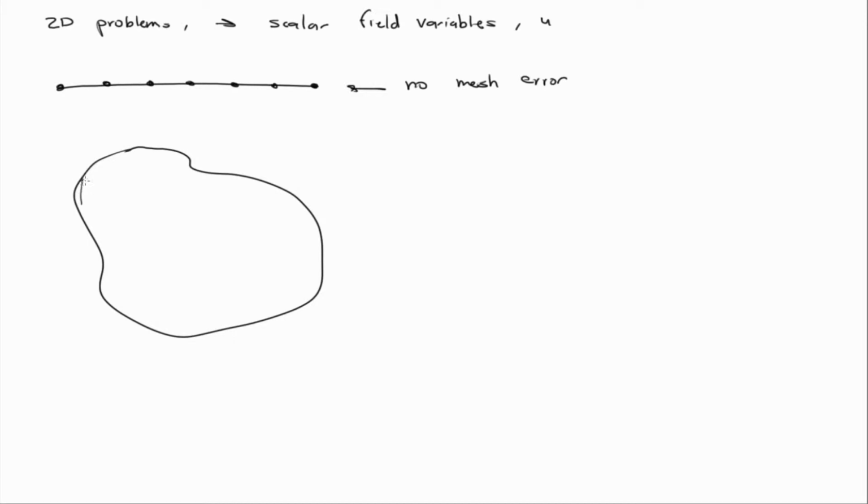For example, I could use triangles, but if I'm trying to cover any arbitrarily shaped region with essentially polygons, I'm always going to have some error due to the inexactness in the geometry, right? And of course, I could also choose to cover it with quadrilaterals.